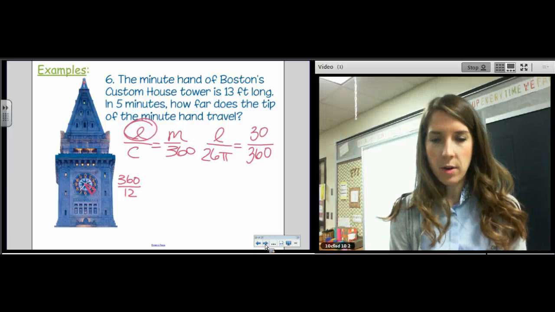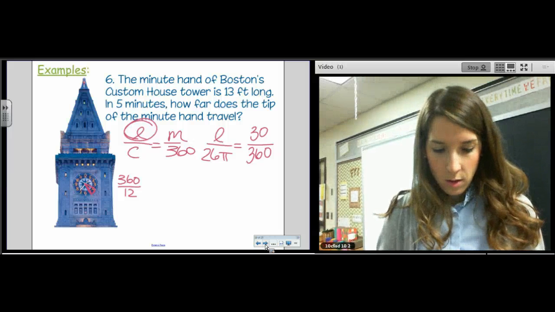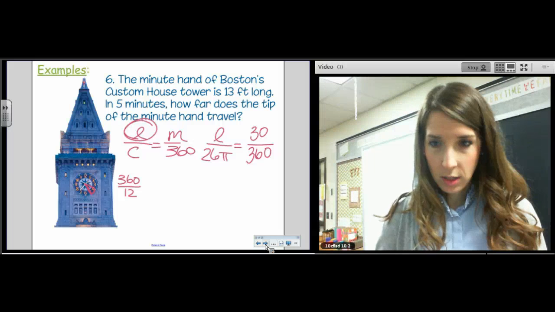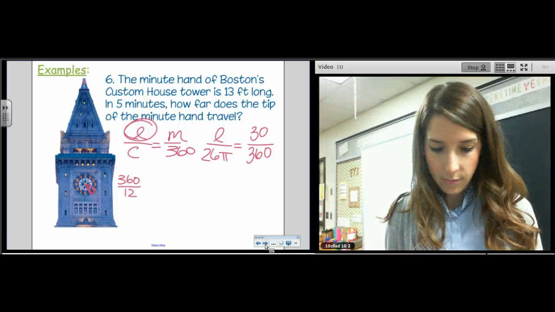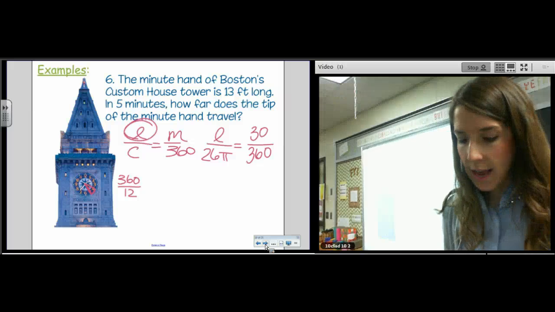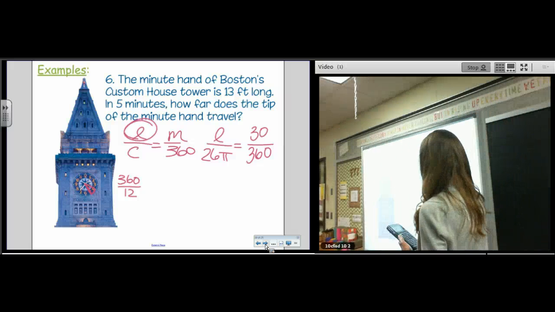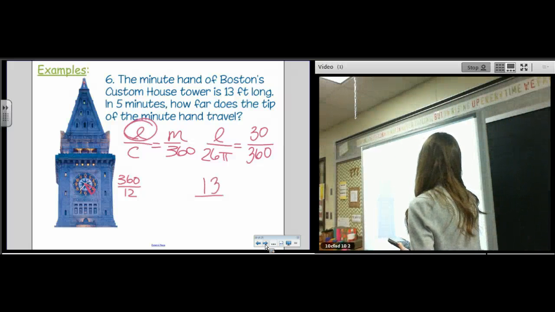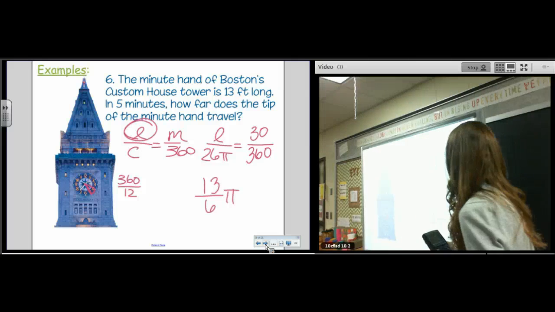Are we okay with those numbers? So we would do 26 times 30 divided by 360. So you could get your answer as a fraction. It would be 13/6 pi.